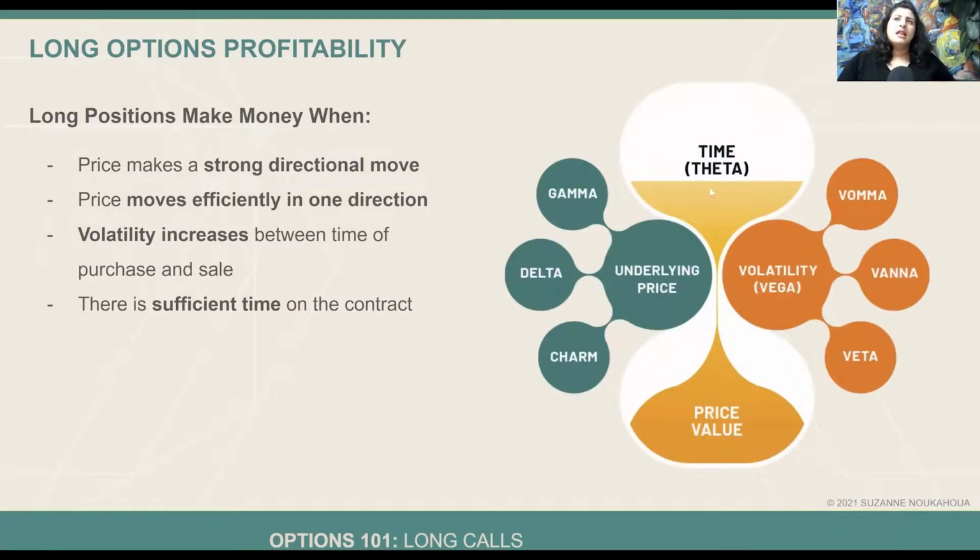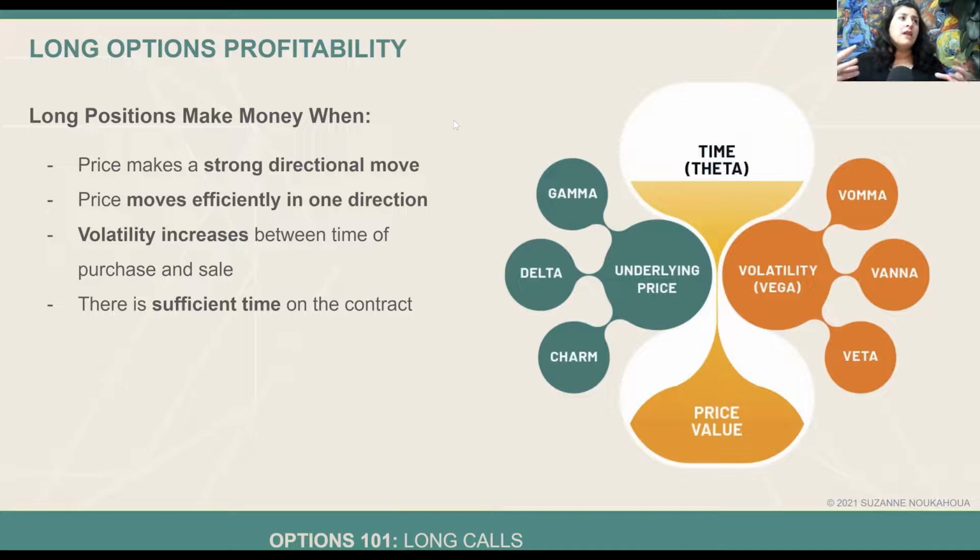So these are the Greeks. And again, we don't always talk about them very often, but when you are getting into a contract, you do want price to make this significant move, but you want to make sure that you have enough time in your contract so that theta, which is time, is not squeezing you.